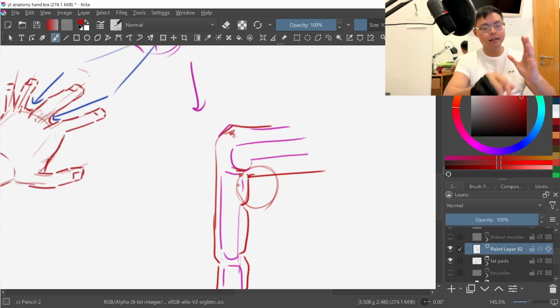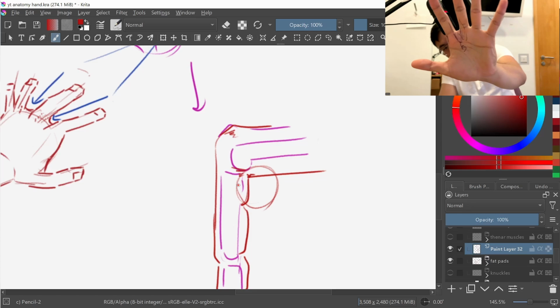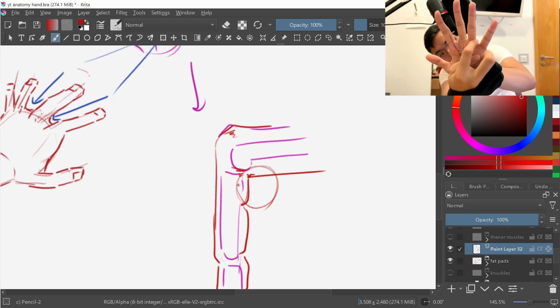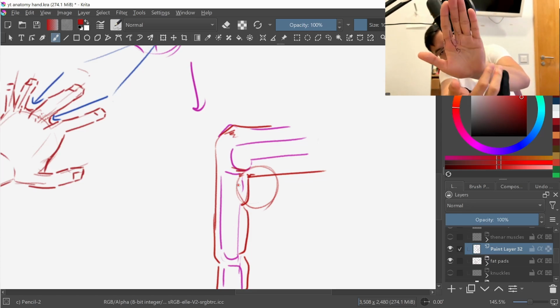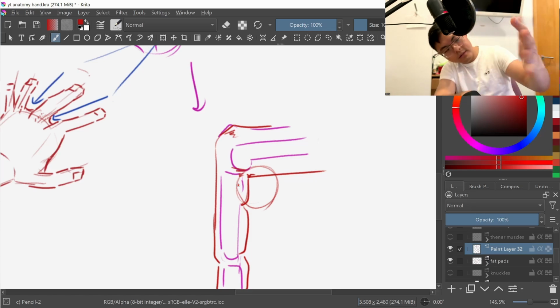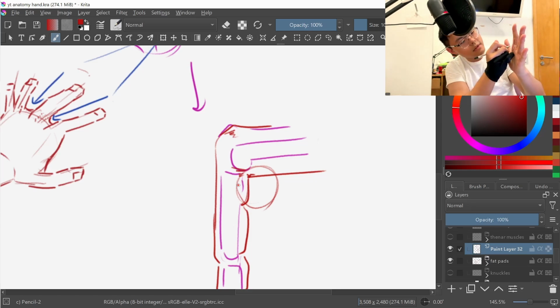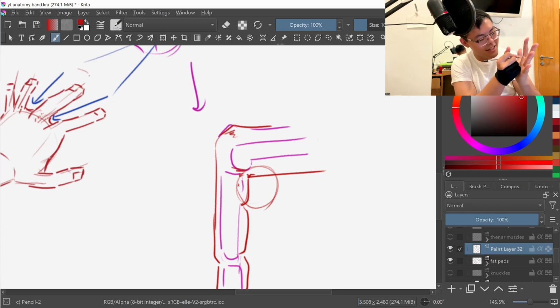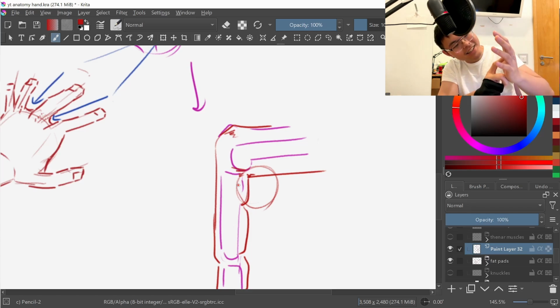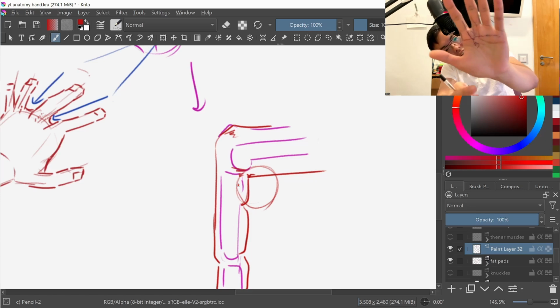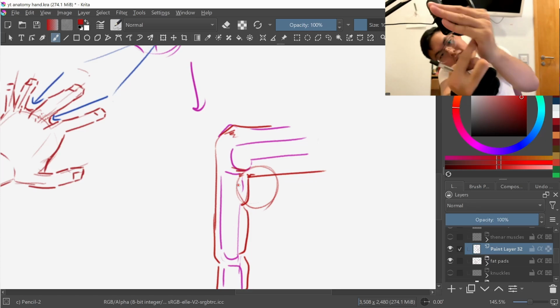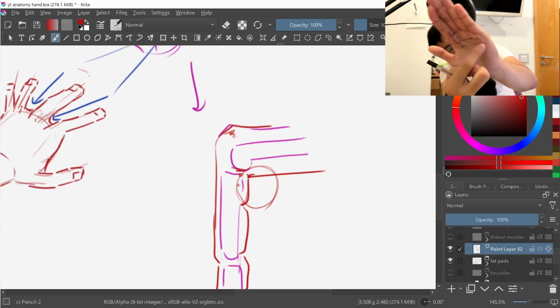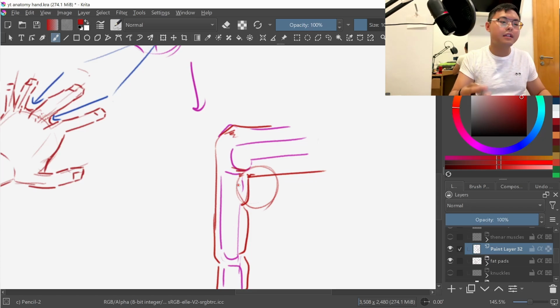So if you look at your hands, you don't fold here. This is not where you fold. You fold here, in the extended parts. Oh my God, my hand is so dirty. So you fold here, roughly here, right? That's just something to keep in the back of your mind.